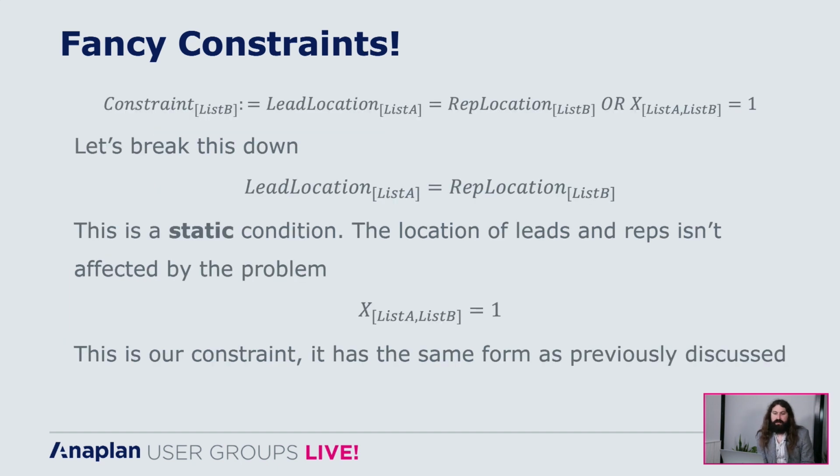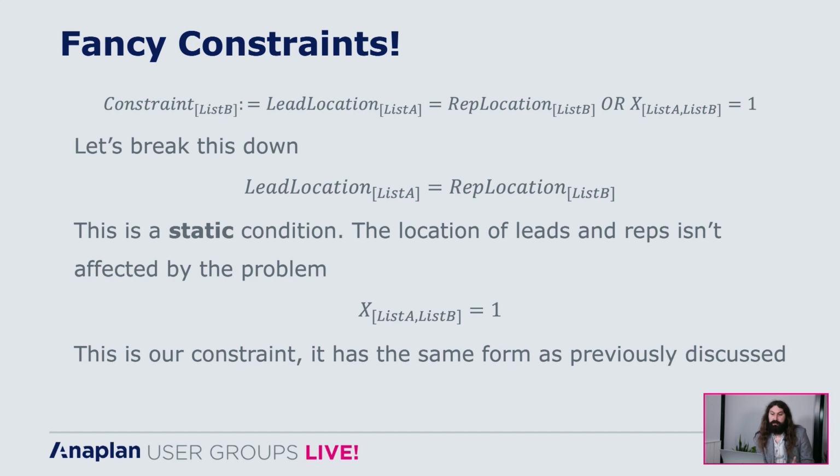So this is what that formulation would look like. We have what we call the condition and we have the constraint. On the left-hand side of the OR, we have the condition, and on the right-hand side, we have the constraint. So the condition is lead location equals rep location. I'm assuming here that these are list formatted line items and they're dimensioned on leads and reps.